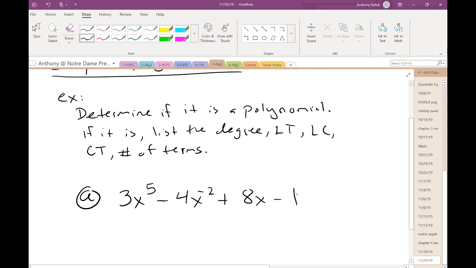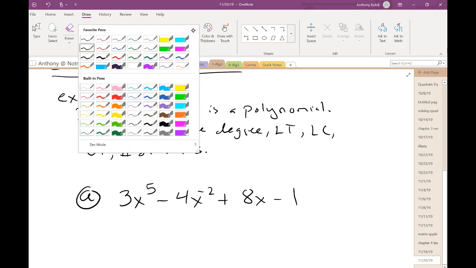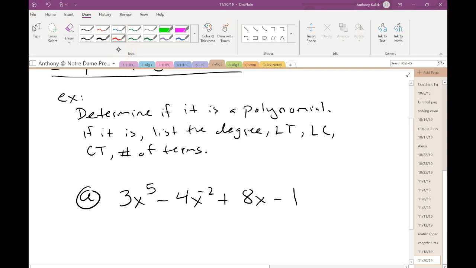So 3x to the fifth minus 4x to the negative 2 plus 8x minus 1. Is this a polynomial? Okay, so what do we need to check to see if it's a polynomial? Let's start there.